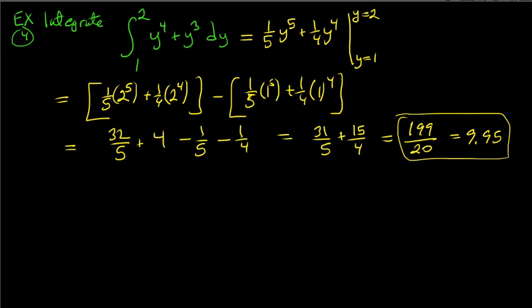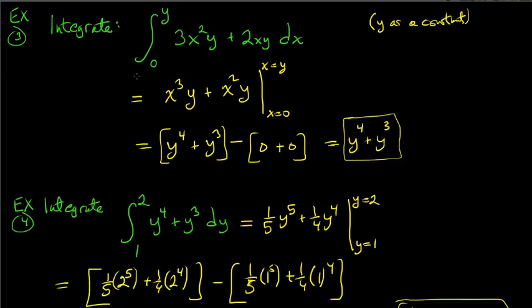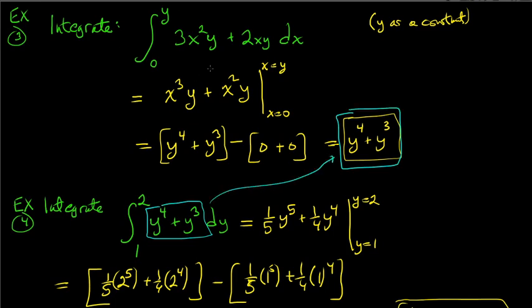So now what I want to do is sort of combine these last two examples here into one problem, right? Notice that this expression, y to the fourth plus y cubed, was the result of the first integral here, right?